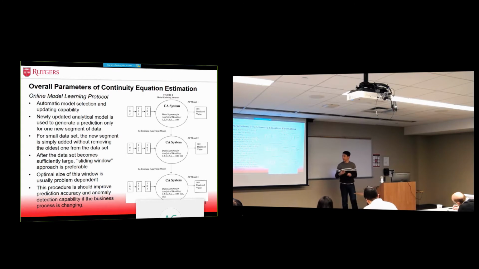Then they add another segment of data and go through the whole procedure, then another segment and go through another part of the procedure. Two points: if the data is too small, they don't remove older data when they add new data. But when it's sufficiently large, this sliding window method can be applied, removing older data when new data is added.